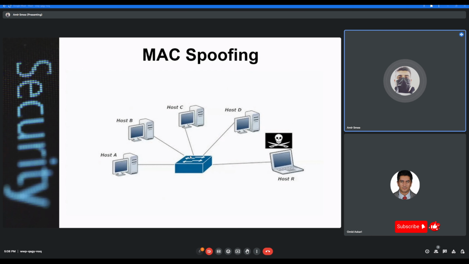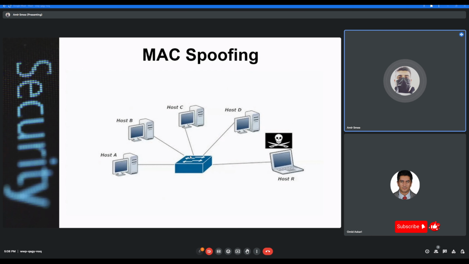This can be used to bypass network security measures that rely on MAC addresses for authentication, such as MAC address filtering. It can also allow an attacker to intercept network traffic meant for the legitimate device and conduct man-in-the-middle attacks or gain unauthorized access to the network.